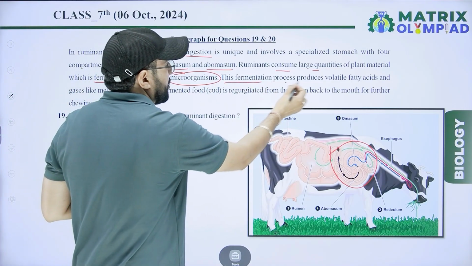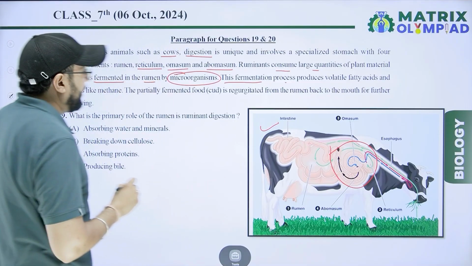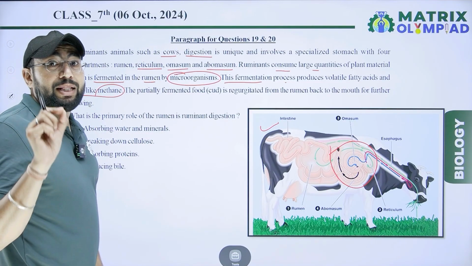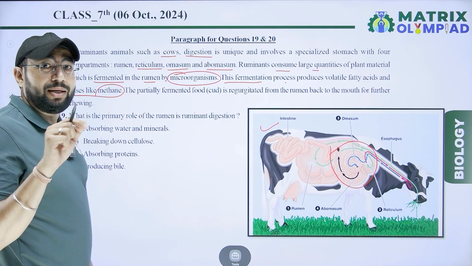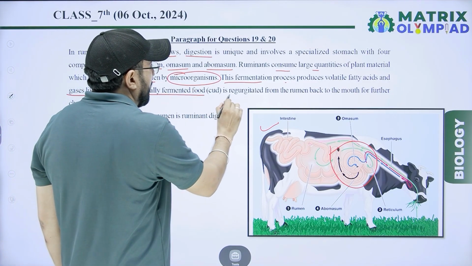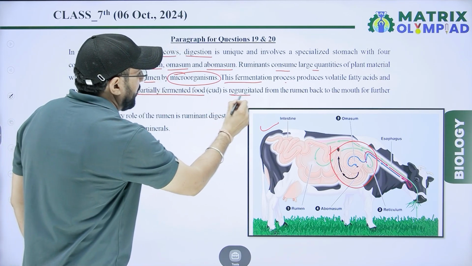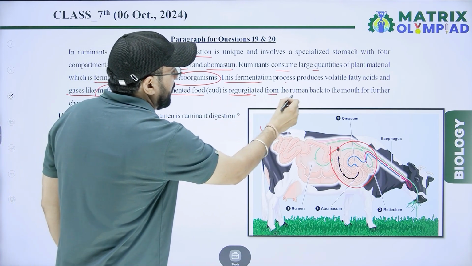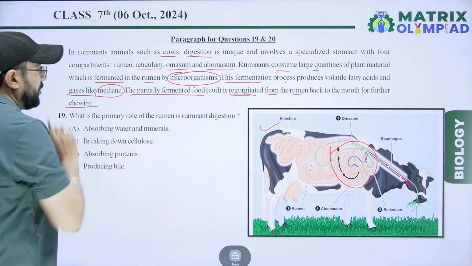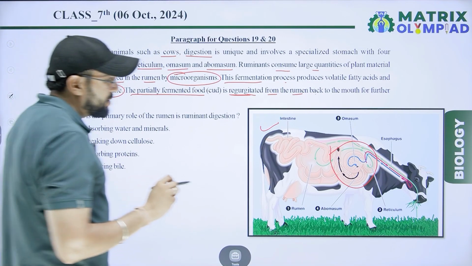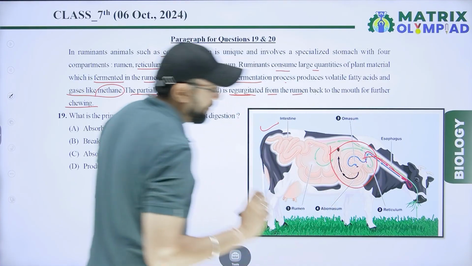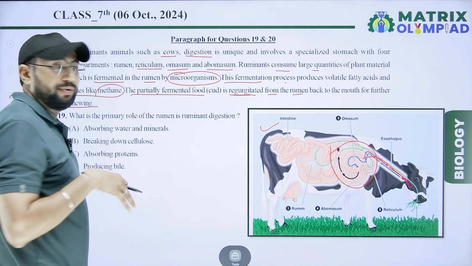This fermentation process produces volatile fatty acids and gases like methane, because methanogen bacteria are present. The partially fermented food, curd, is regurgitated from the rumen back to the mouth for further chewing and then engulfed.